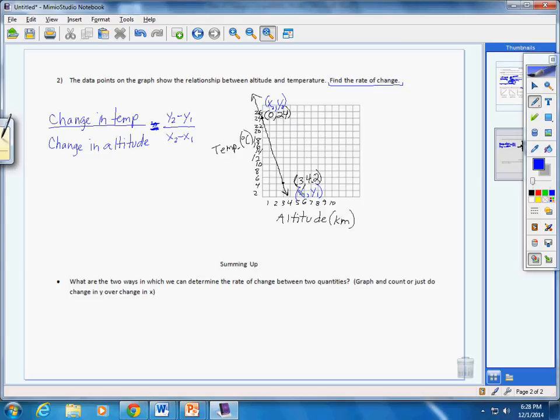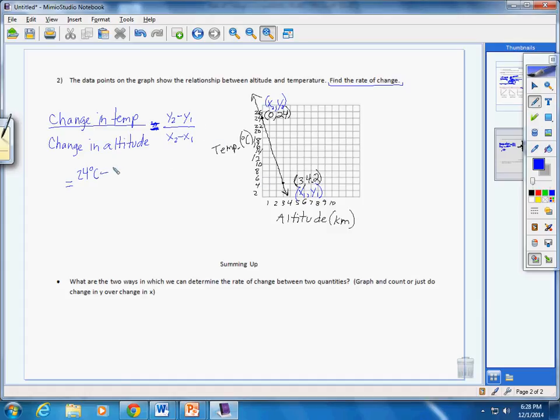But it makes this very easy to find the rate of change, because we can just plug in the value that represents y2, which in this case is 24. So check it out. This is going to be 24 degrees Celsius, right? Because that's what 24 represents. 24 degrees Celsius minus, what is y1 in this case?